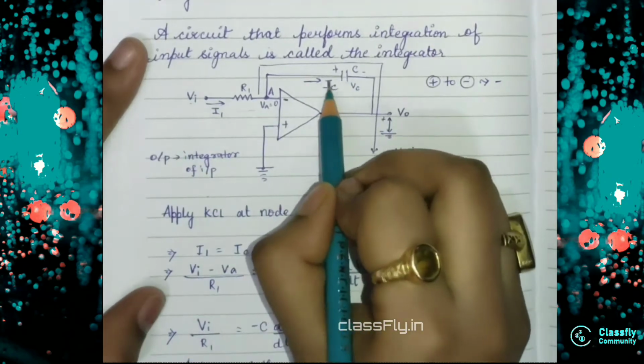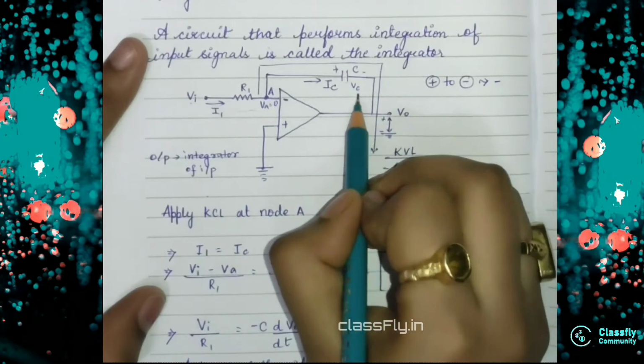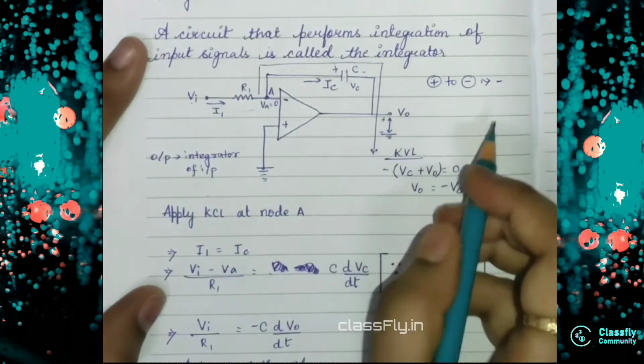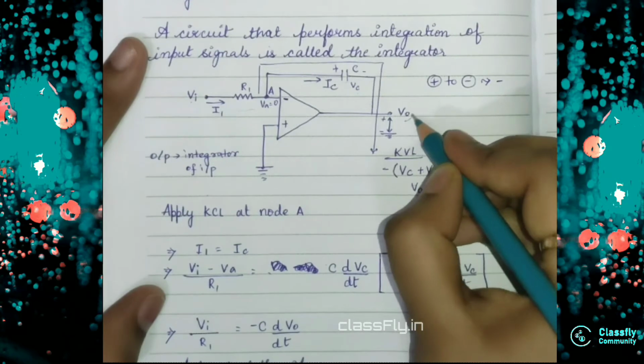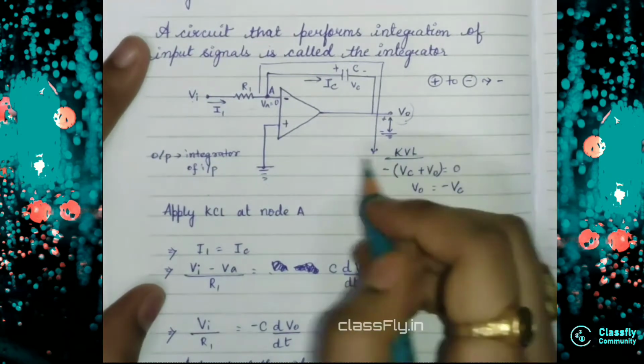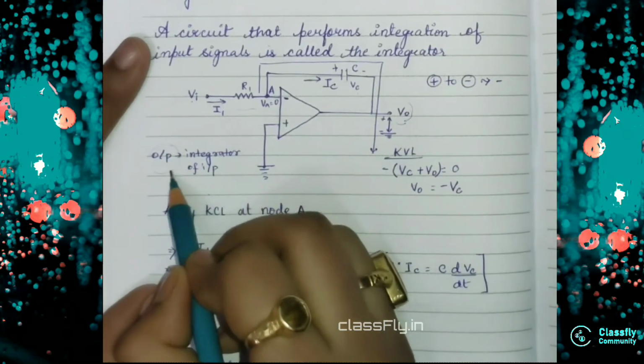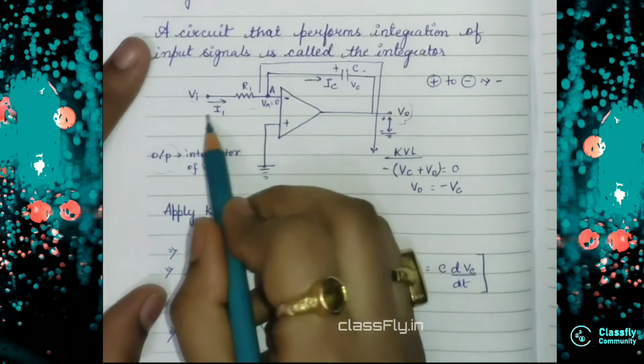Here I have represented the current flow as IC and the voltage here as VC, and there will be a V0. This is the output voltage. Basically, the output is the integral of the input signal.